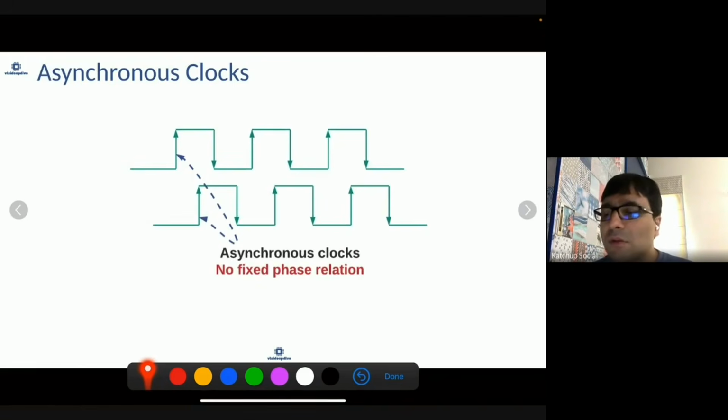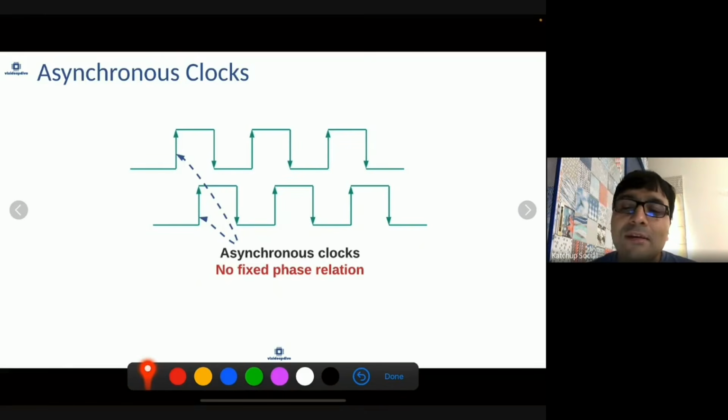For asynchronous clocks, there is no fixed phase relationship. These clocks' edges are unrelated. They can come at any amount of time. Even though clock frequencies are the same, if they're generated from different PLLs, the asynchronous clocks' edges cannot be determined relative to each other.